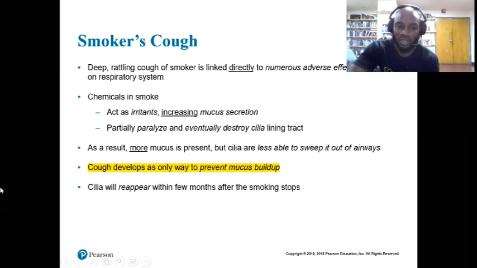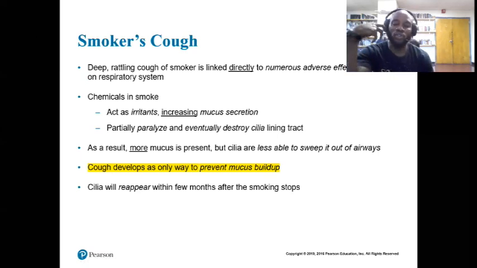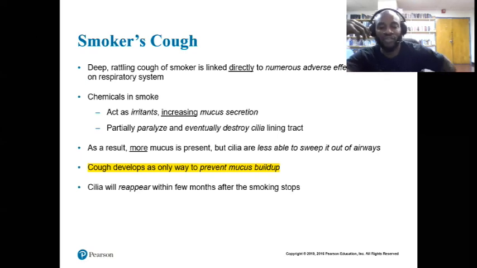The important point that I wanted you to pick up here is that with smoker's cough, you kill the cilia with smoking. Remember, these cells are pseudostratified ciliated cells, and the cilia are necessary to move the mucus once the mucus traps debris that you breathe in.